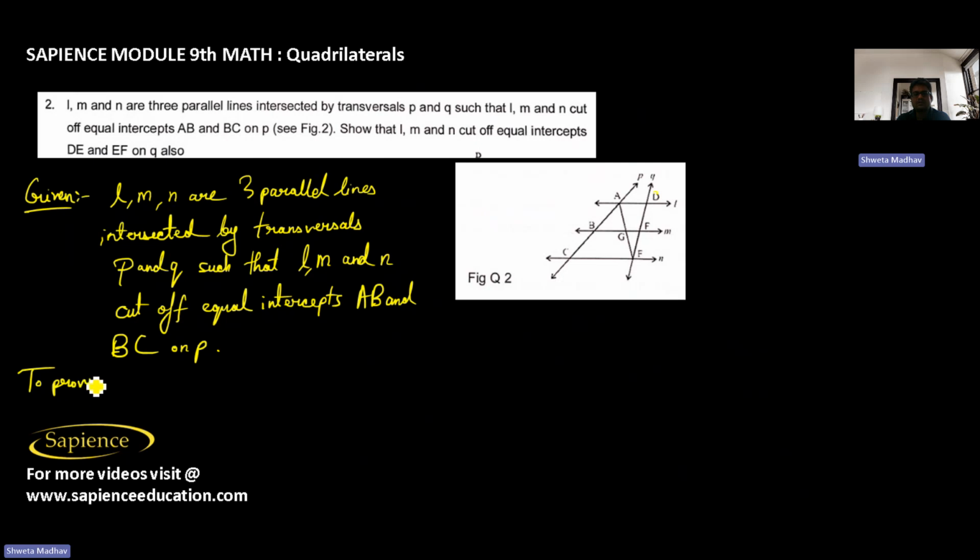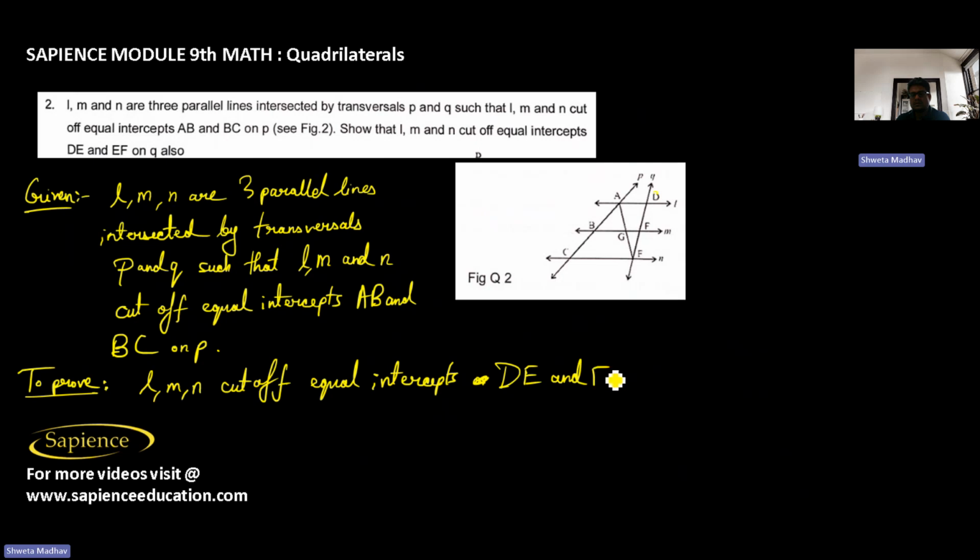Then we have to prove that L, M, and N cut off equal intercepts, that is DE and EF, on Q also.